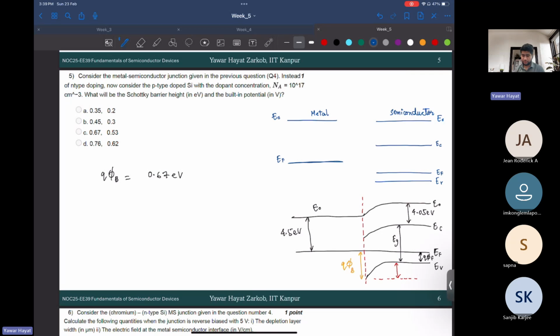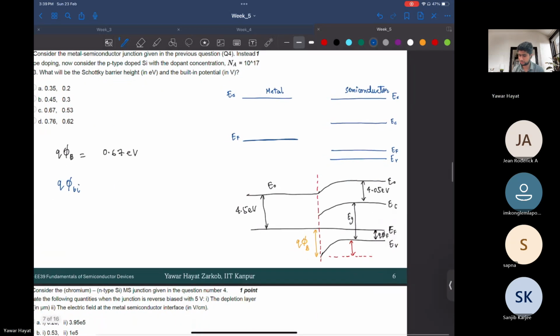Now, what about Q5BI? This is simply the difference of your Q5B and this, right?